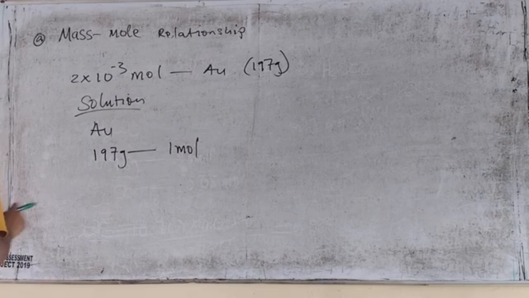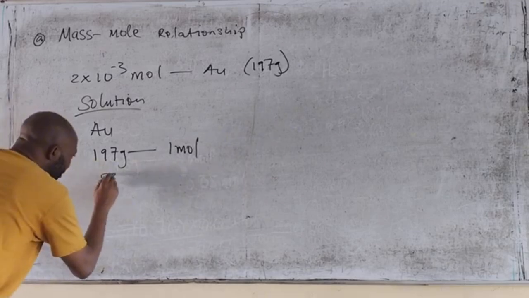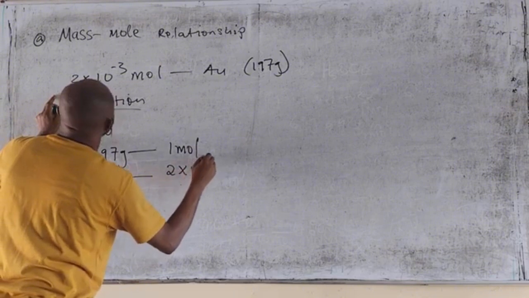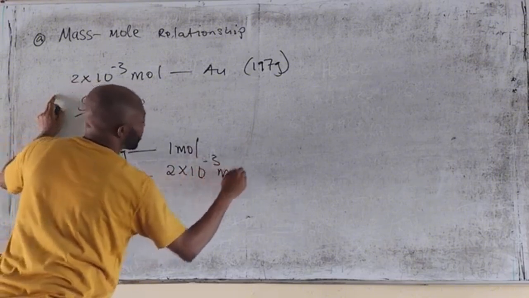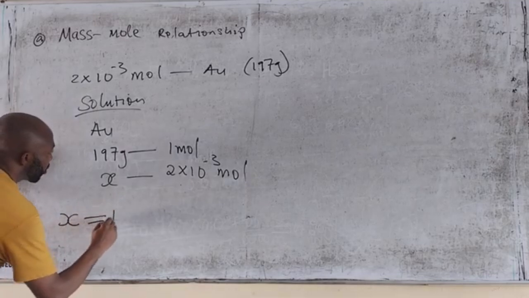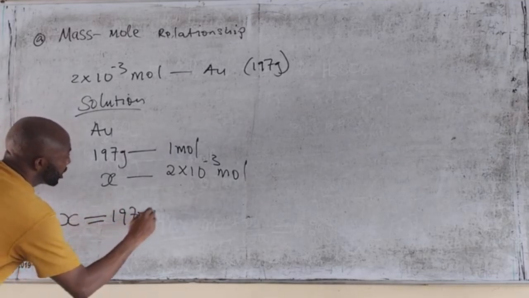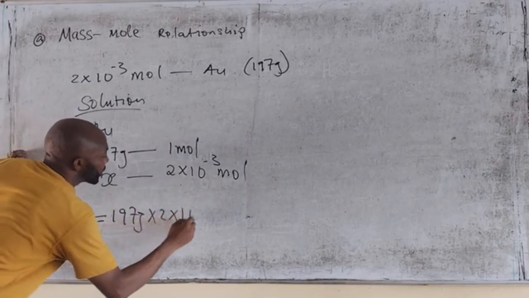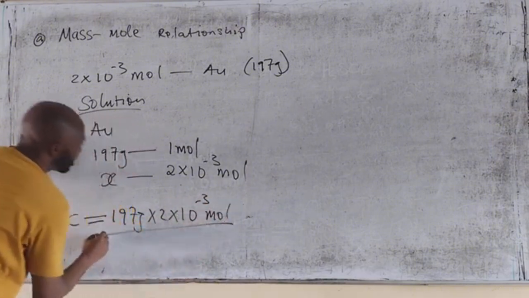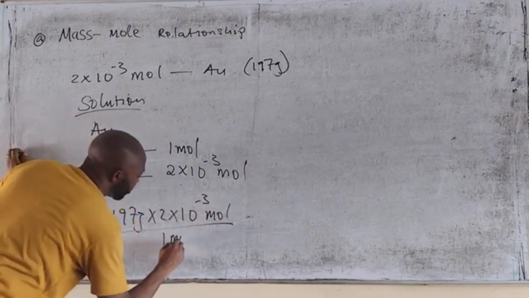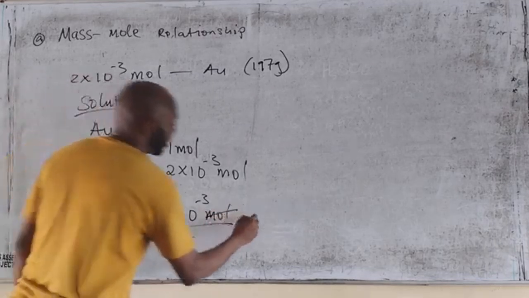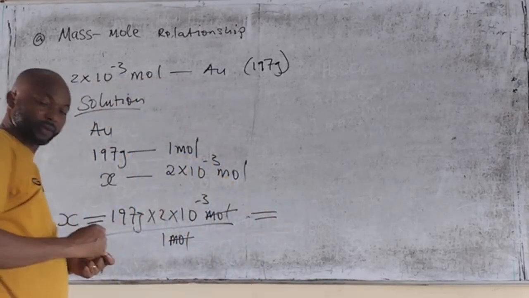How many grams will give us 2 times 10 raised to minus 3 mole? So my X here is 197 grams times 2 times 10 raised to minus 3 mole divided by 1 mole. Mole will cancel out.